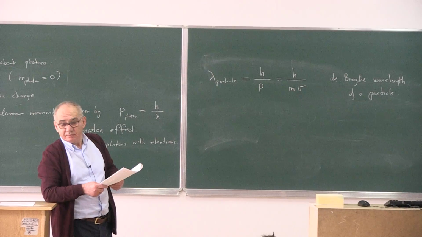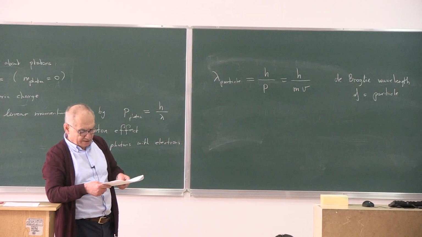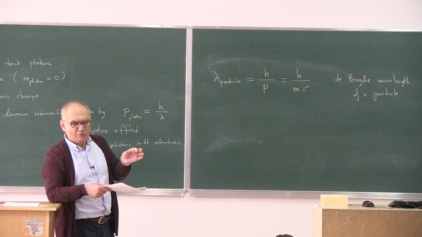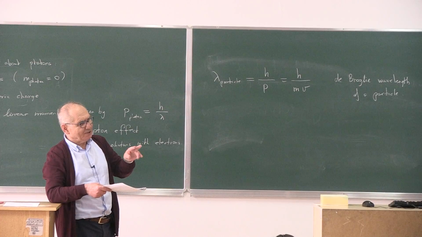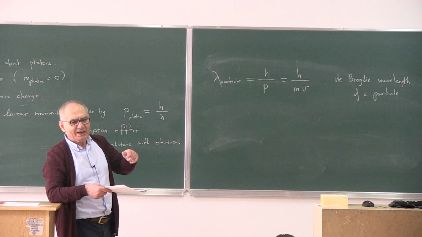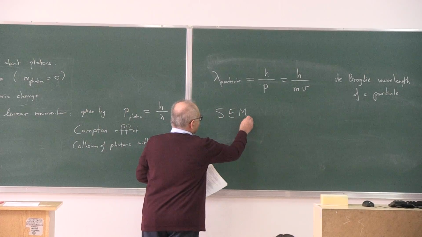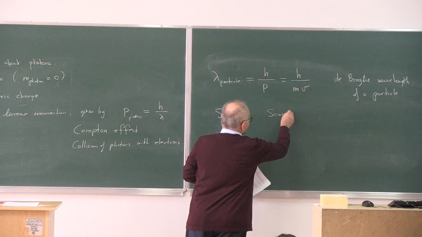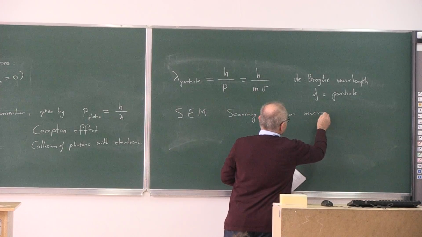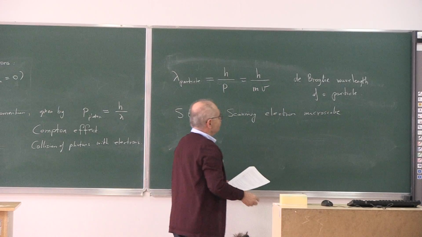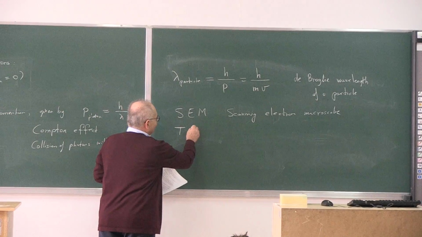Electron diffraction is used in modern day instruments, especially there are instruments called electron microscopes. There are two types of such microscopes. One is called scanning electron microscope, and another type is called tunneling electron microscope.